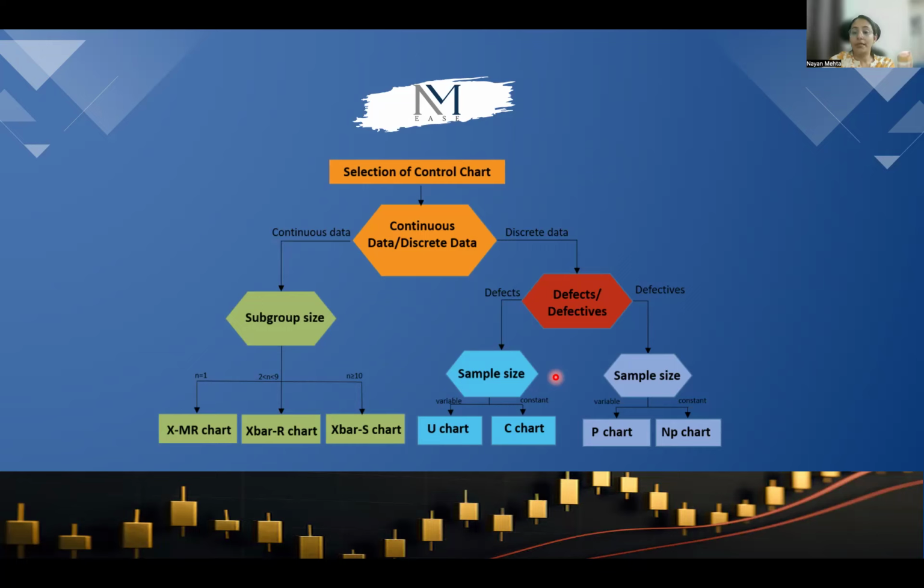So count pertains to how many defects appear, while classification focuses on how many items are unacceptable. Knowing if your process uses a fixed or variable sample size ensures that you are using the correct statistical tool. So basically, this table is more than a flow chart.